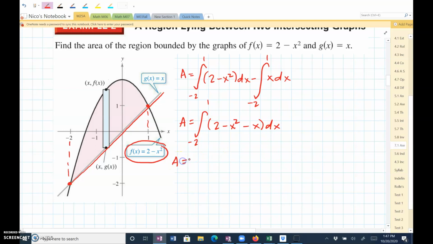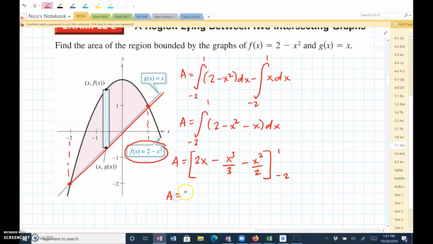Now I can find the antiderivative. The antiderivative of 2 is going to be 2x, minus the antiderivative of x squared, which is x cubed over 3, minus the antiderivative of x, which is x squared over 2. And again, we're going to evaluate this from -2 to 1.